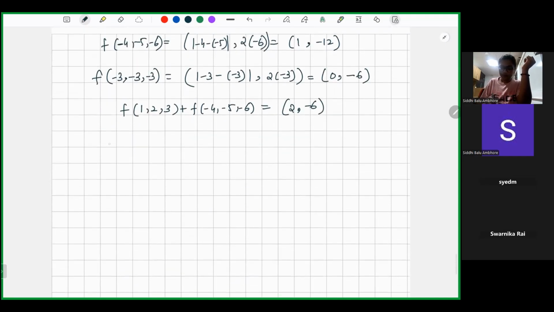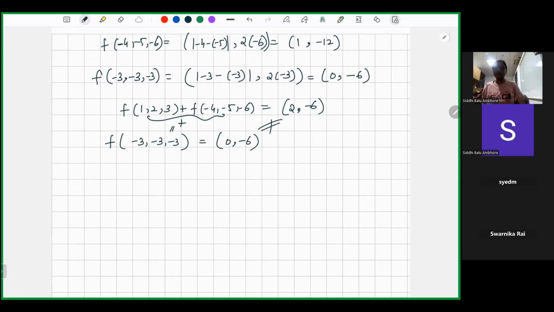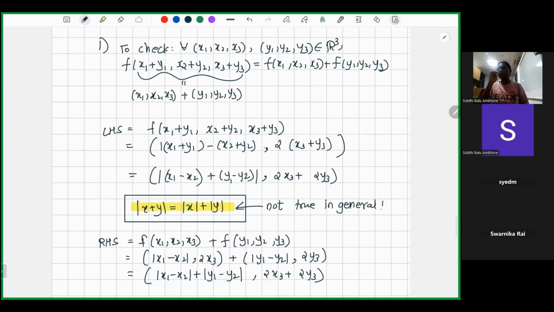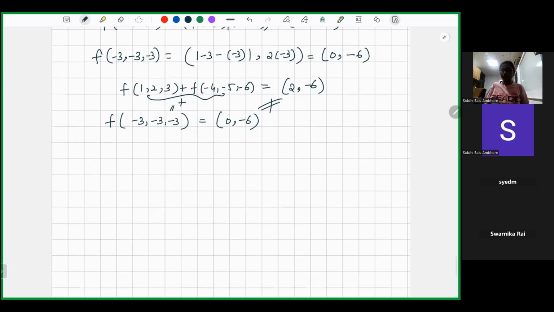But f of the addition of these two, minus 3, minus 3, minus 3, is 0, comma minus 6. So these two are not equal. I hope it is understood that this does not hold in general.